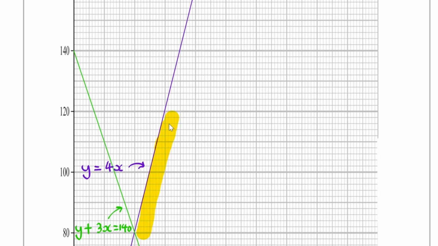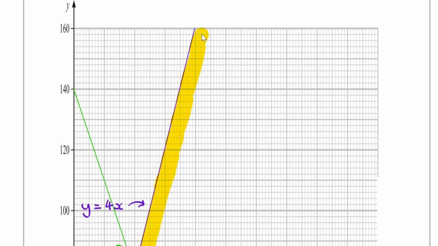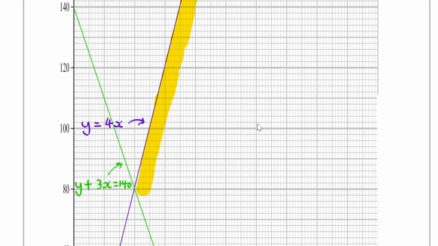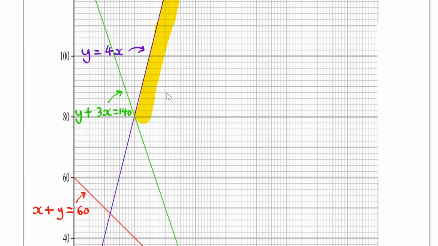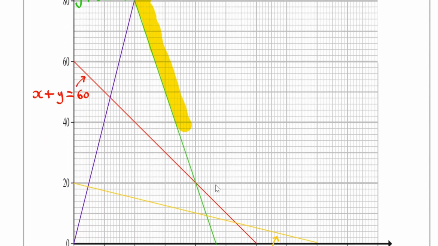So we have something going over here. So that's that one, and then if we move this down, so here I'm just showing our feasible region, like so. Okay, so here we have our feasible region R.